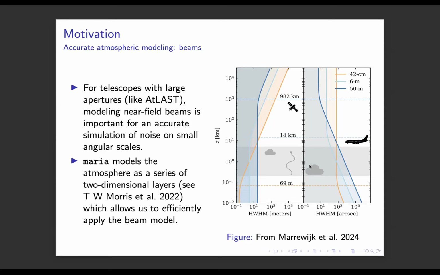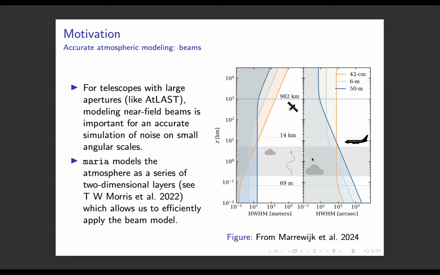At that point, for AtLAST or for any radio telescope, pretty much, there'll be a huge near field beam because it's kind of blurry. It's like trying to look at something right in front of your nose. Every detector will just see the same thing, and the atmosphere will be very correlated between all the detectors. And so capturing that for doing accurate forecasting for instruments like this is extremely important.